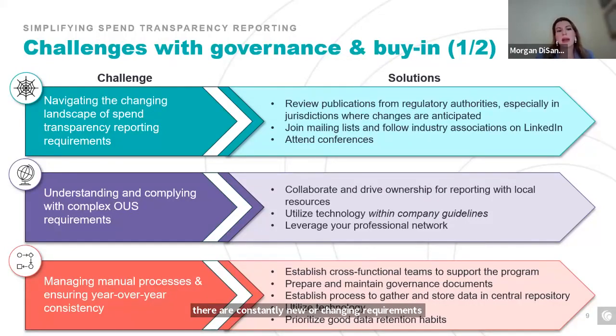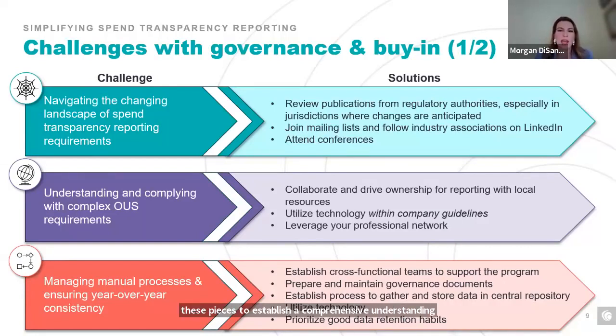And ultimately, there's no real single source of truth as it relates to spend requirements. So it's important to recognize that there are a variety of sources: government websites, industry publications, and legal documents. It's all very crucial to understand these pieces to establish a comprehensive understanding of the obligations related to spend.